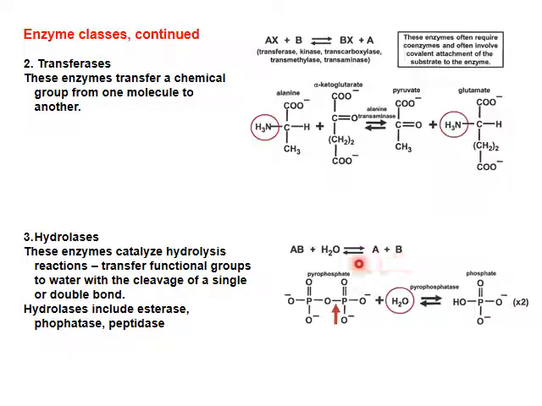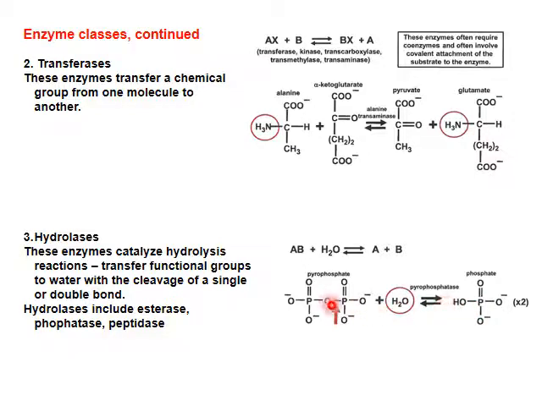So the example here would be pyrophosphate, where we're going to break this phosphoanhydride bond through hydrolysis, and this is done through pyrophosphatase, and you generate 2 molecules of phosphate. In this case, this would also, depending on the pH, could be protonated or not. Probably be protonated at physiological pH.